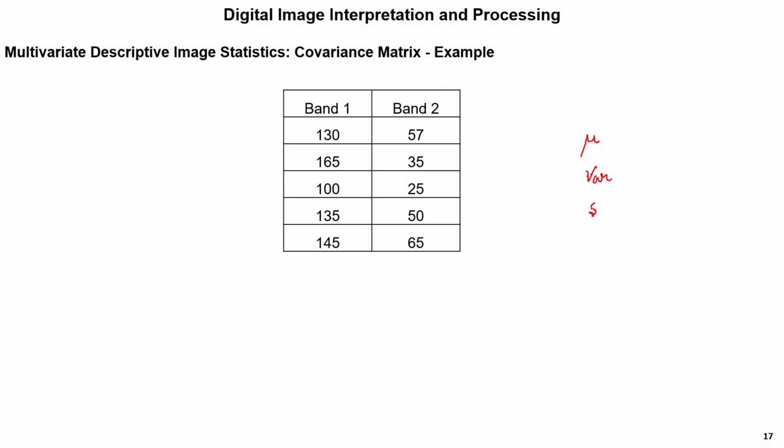Then the standard deviation, S or sigma. Then the covariance, and then the correlation coefficient. After finishing and taking down all these values, just let me know. I'll go to the formula page so that you can see that and then calculate.